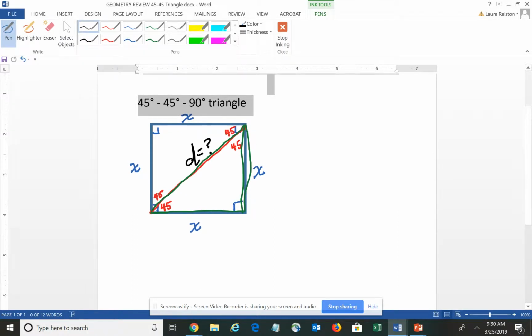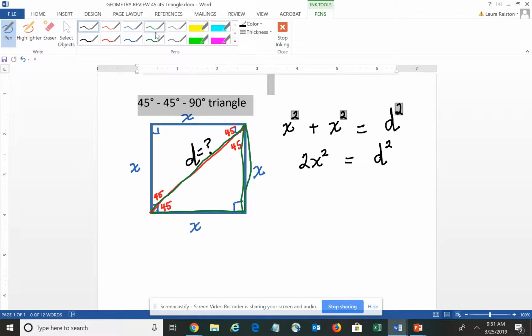If I apply the Pythagorean theorem, we have leg squared plus leg squared equals the diagonal squared. So 1x squared plus 1x squared gives me 2x squared, which equals the diagonal squared. I'm trying to solve for the diagonal.